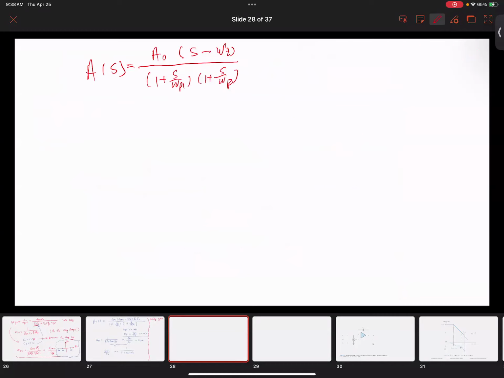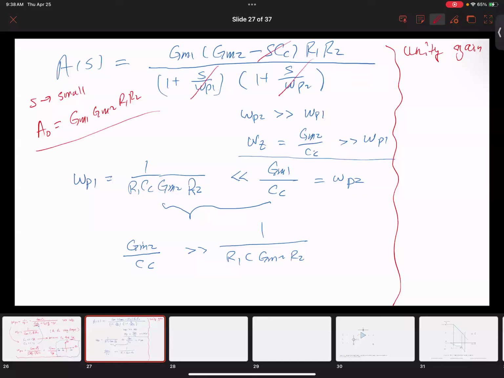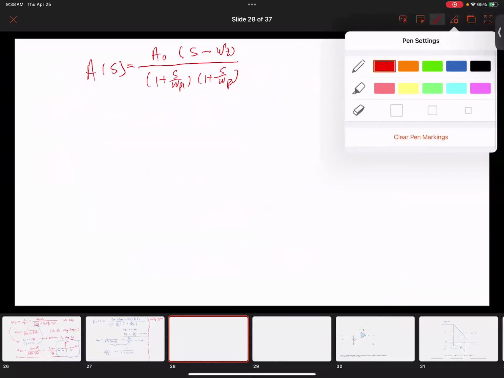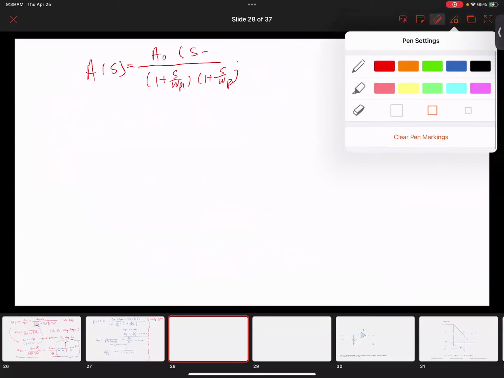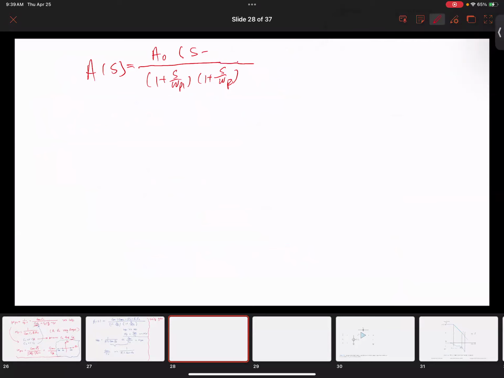So by plugging this in, GM2, it's going to be 1 minus S over WZ.